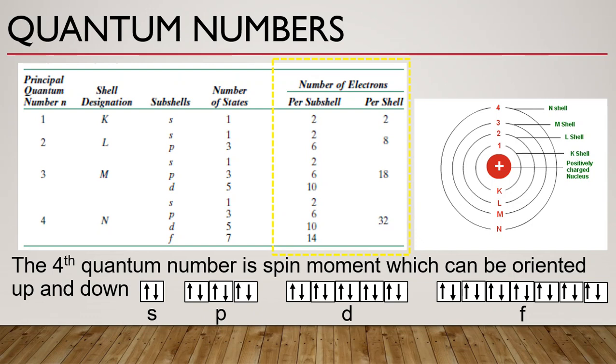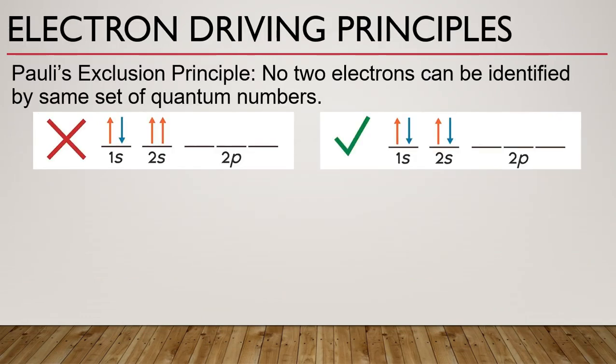Now let's go to the driving principles so we can understand these better. There are three driving principles of electrons. First is the Pauli's exclusion principle. It states that no two electrons can be identified by the same set of quantum numbers.